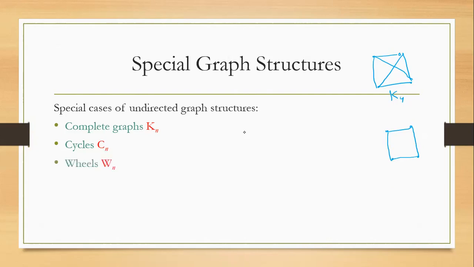Then the next type is wheels. In the case of wheels, for this Cn, that is C4, if I am taking a wheel, I have to add one extra vertex in the middle, connect that vertex to all the other vertices and also have the cycle. So this is another vertex.